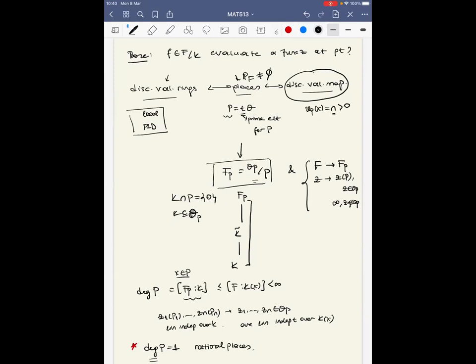So this is the zero order, and it's called the zero order. And here, the positive integer m is called the pole order of x.